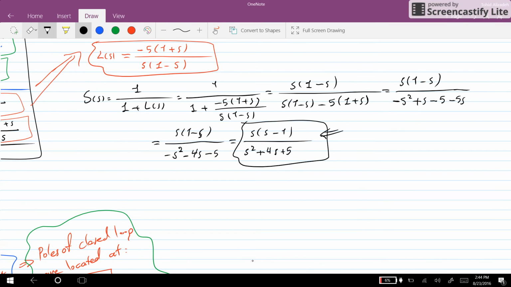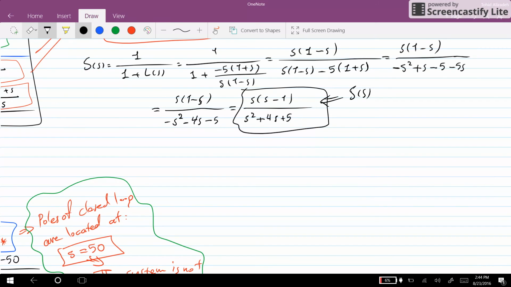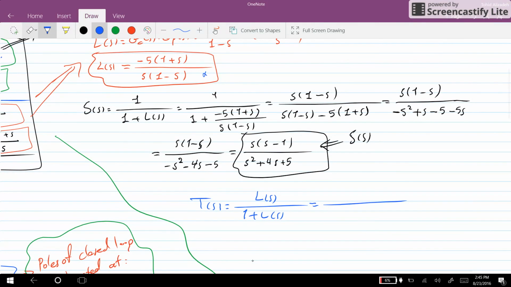So this is our sensitivity function S, and we can similarly find out the T, which is L over 1 plus L. Replacing L from here, we will have minus 5 times 1 plus S over S times 1 minus S, and the same thing here.